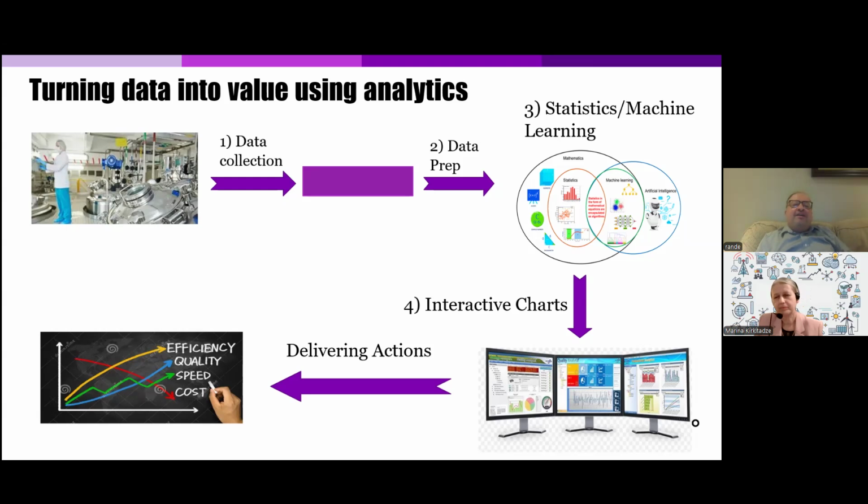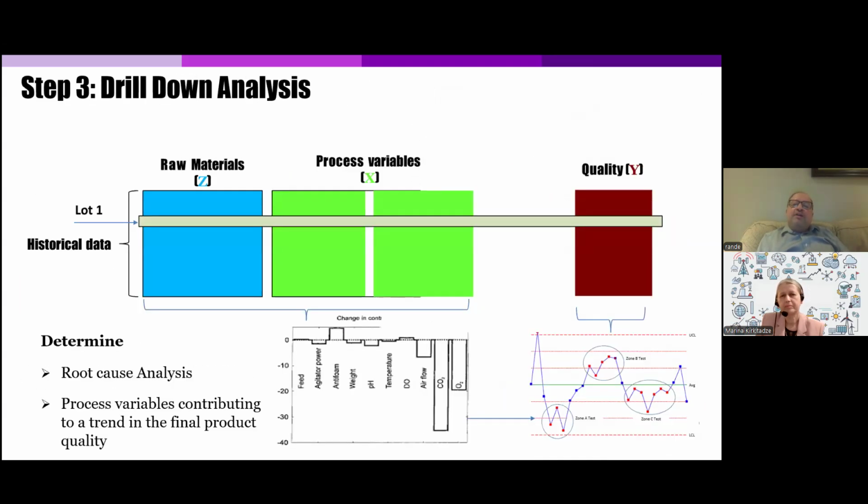I totally agree with you, Marina. You mentioned the cost aspect, and I want to add about the cost. For example, all companies look into reducing costs by increasing batch-to-batch consistency, reducing the variability between batches in terms of product quality attributes.